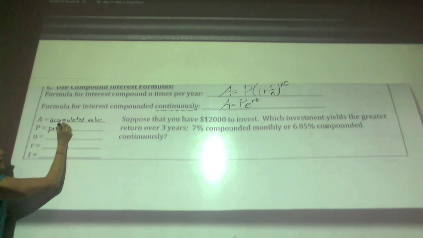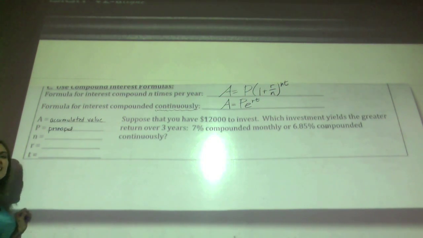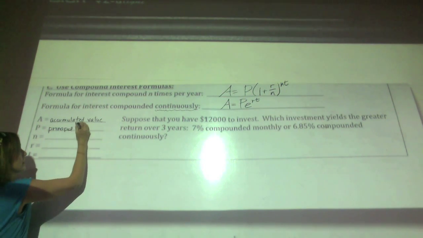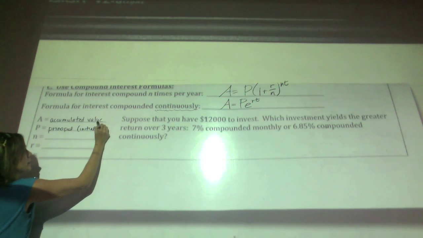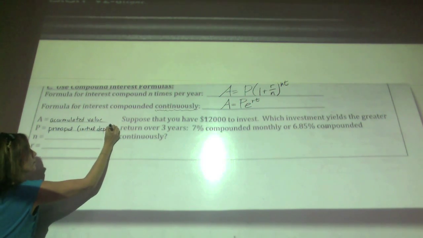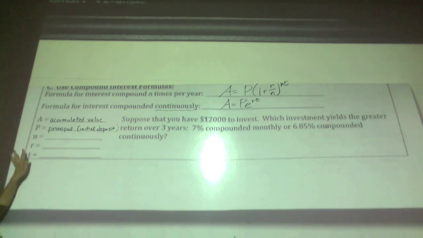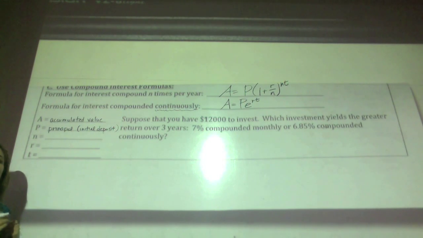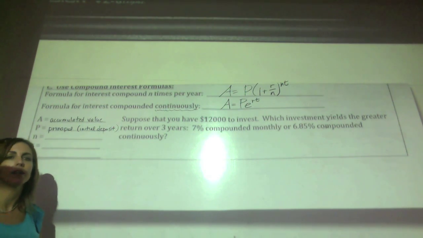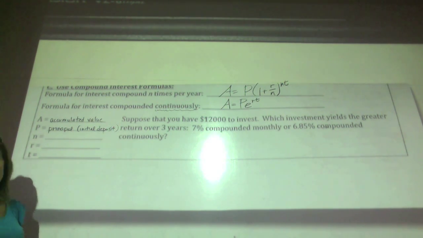Often we can think about this as our initial deposit. How much did we put in the bank? N is the number of times per year we compound the interest. That means how often is the bank going to pay you?